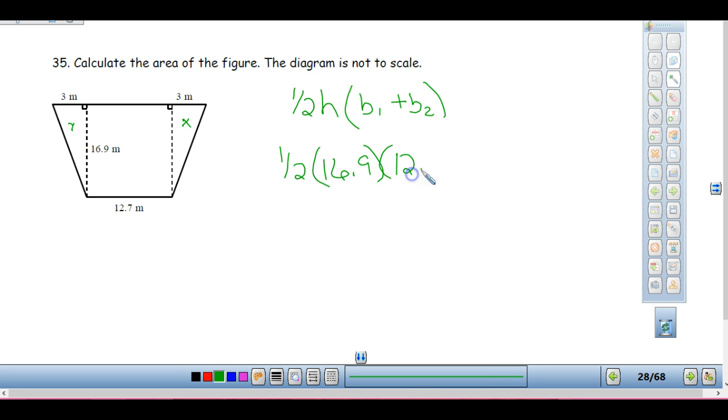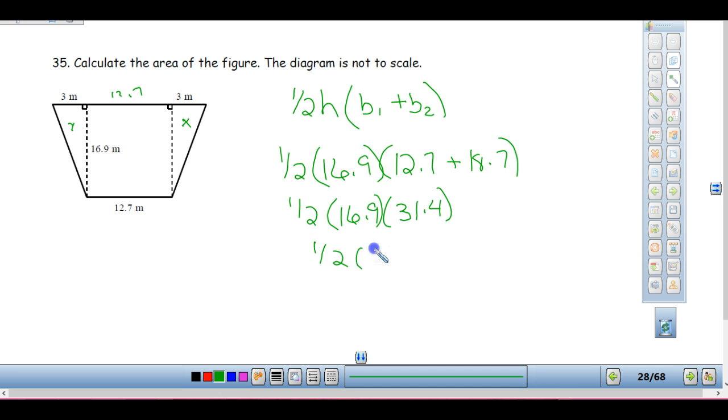And then you've got to take 12.7 plus, don't forget to add your 12.7 to this side here. So that's going to end up being 18.7. So 1/2 times 16.9 times 31.4. You end up with 1/2 of 530.66, which gives you 265.33 meters squared.